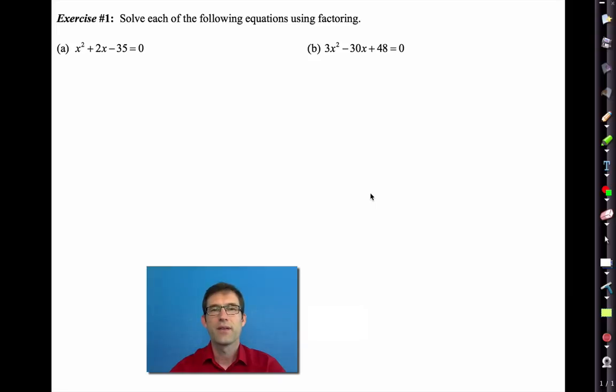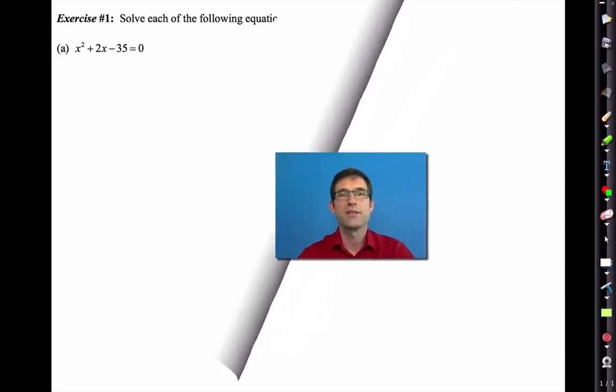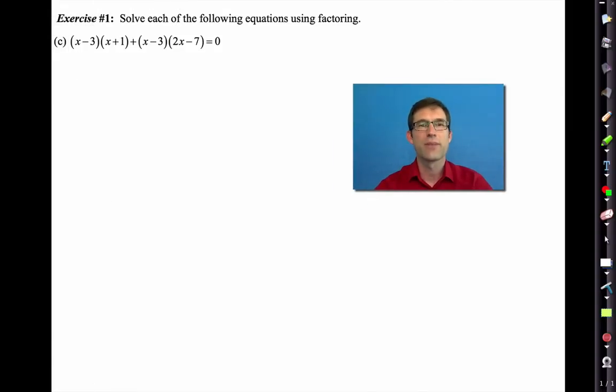Okay, so we've got one more of these, and it's pretty challenging. Let's look at exercise number 1, letter C. Now remember, it says solve each of the following equations using factoring. I'm going to go back to blue. Take a look at this. It's been a while since we've factored something this complicated, but keep in mind what we still want to do is think about GCFs first.